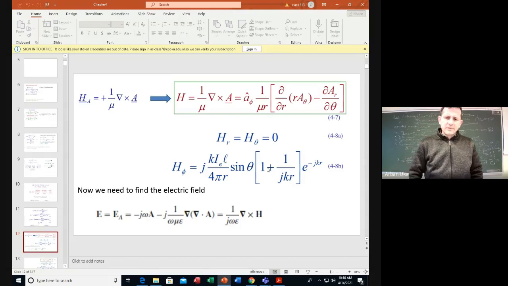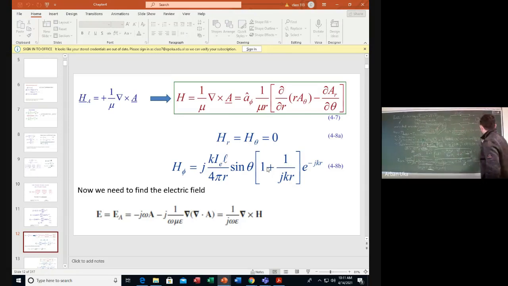Now kr is a unit which can be used to determine whether we are too far from the antenna or very near. Because we have to include both of these two components, because k can have a wide range of values, because k is equal to 2 pi over lambda. So let's not forget this. K, the propagation vector.